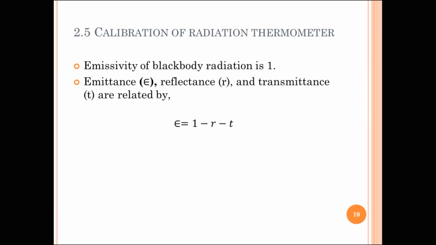Next one, calibration of radiation thermometer. We know that a black body is an ideal concept having emissivity equal to 1. Real physical bodies can be constructed to approximate blackbody behavior closely. Such radiator sources are needed for calibration of radiation thermometers and generally take the form of a blackened conical cavity of about 15-degree cone angle.